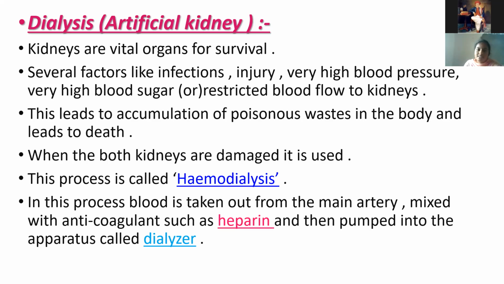This is the dialysis process, called hemodialysis. In this process, blood is taken out from the main artery and mixed with an anticoagulant such as heparin, and then the blood is pumped into the apparatus called the dialyzer.